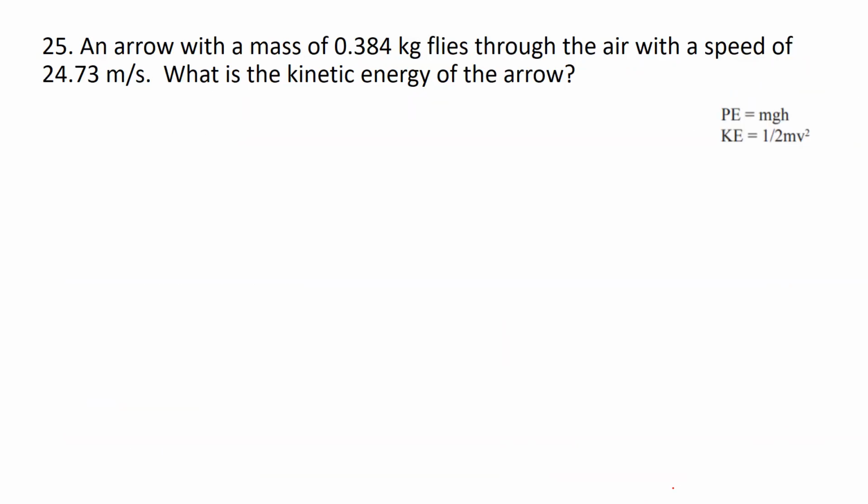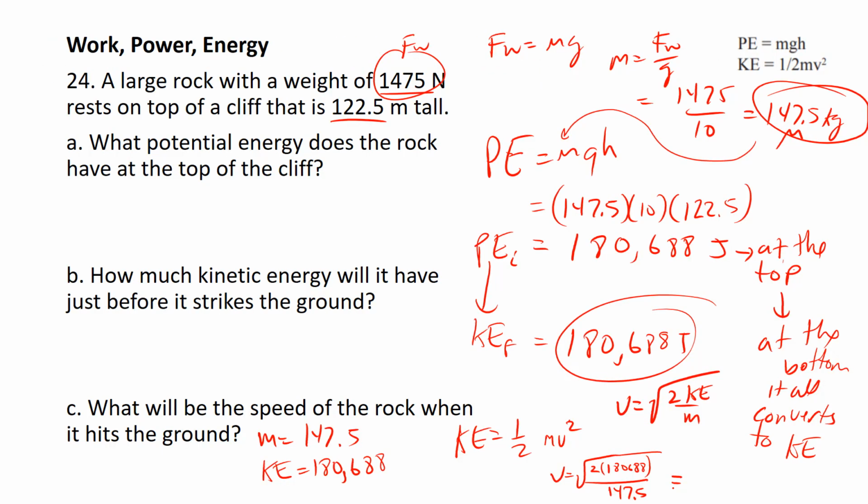Take the square root of that whole thing: 2 times 180,688 equals 361,376, divided by 147.5 equals 2450 in my calculator, and then I take the square root of that answer, and I get 49.5 meters per second.